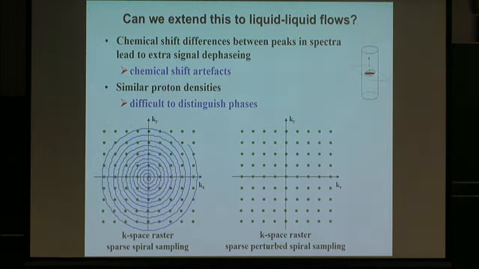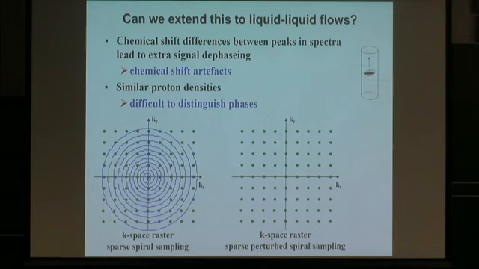I don't think I'll go into the details of this, but what we wanted to do as well was look at liquid-liquid systems. It turns out that because of the chemical shift artifacts, you get signal from both different phases if we've got oil and water in there, and that complicates the system because we were relating the frequency to position, but now we've got a frequency component there because of the different chemical shift as well.